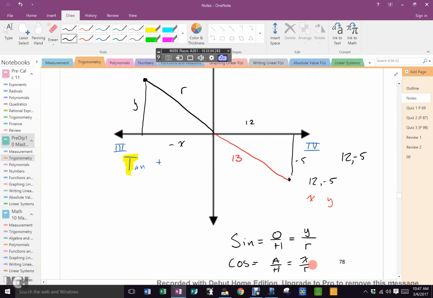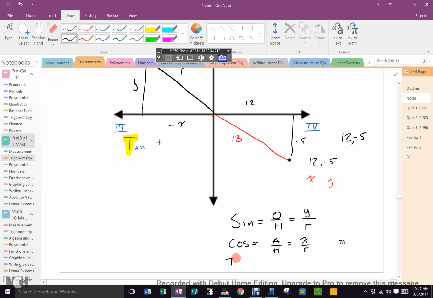X over R. And tan used to equal O over A, still does, but it also equals Y over X. And X, Y are just our coordinates.